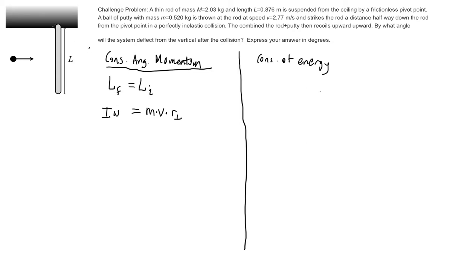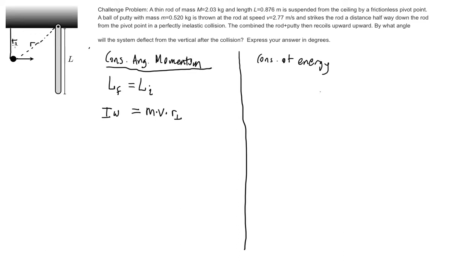Because we have a pivot point up here, it makes the most sense to define my angular momentum with respect to this point, where this vector is the r in my angular momentum of a particle, and r perpendicular is that part right there.